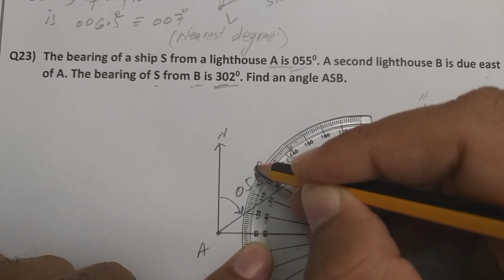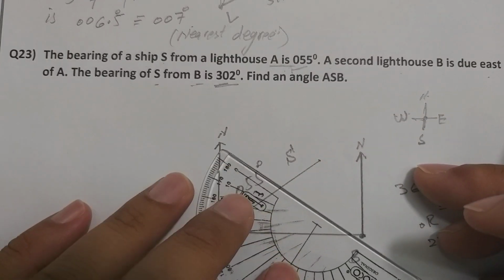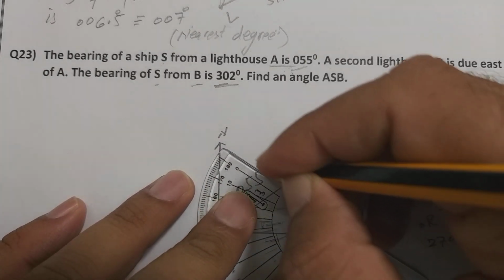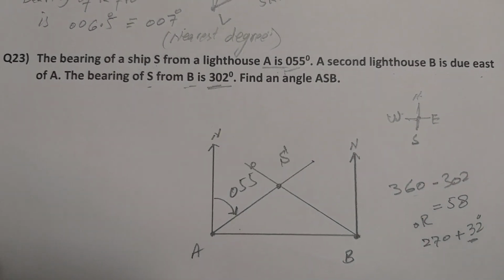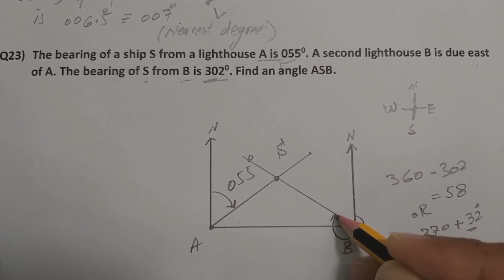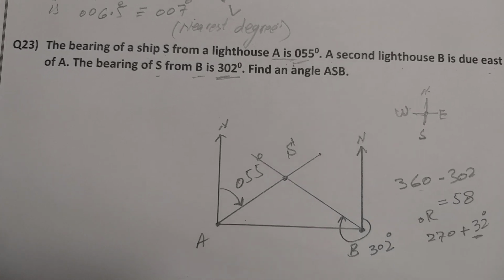So the point is somewhere here, either on this side or this side. Because the rotation is clockwise, we just find the point to draw the line here. Let's suppose this is the point S. And this is the rotation, which is 302 degrees clockwise.